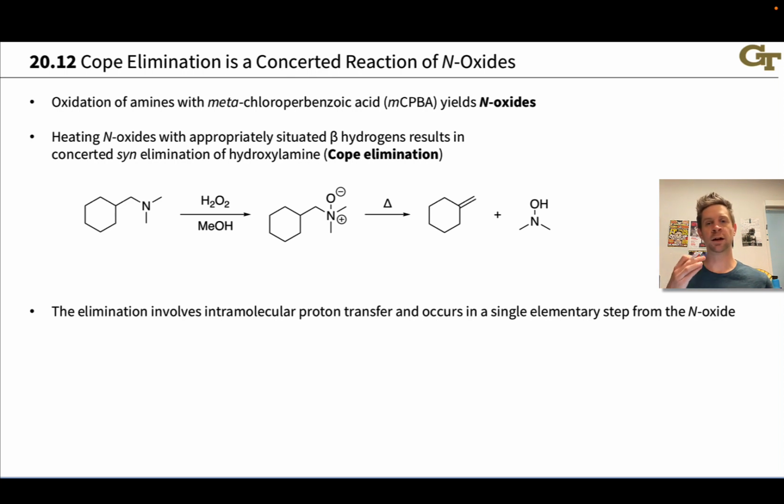But if we take a deliberate oxidizing agent, like a per-carboxylic acid, like metachloroperbenzoic acid or per-acetic acid, or even something like H2O2, hydrogen peroxide, these are both sources of electrophilic or Lewis acidic oxygen atoms. And the lone pair on the nitrogen of an amine can coordinate to that oxygen atom, creating a structure that looks like this, with a formally negative oxygen atom and formally positive nitrogen atom.